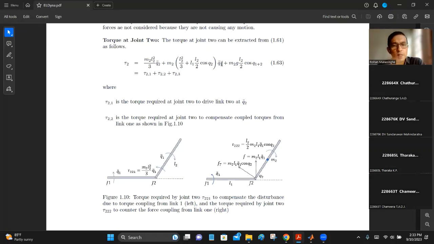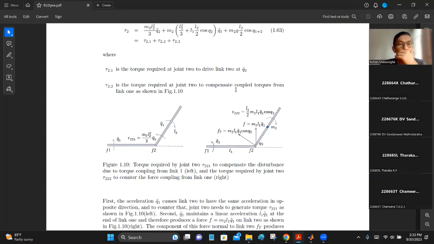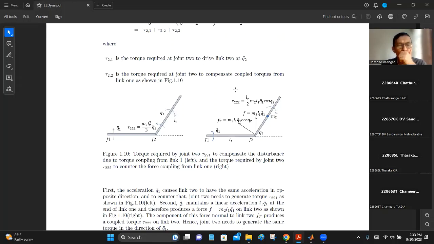So how do you understand this term over here? We know that this is the other complementary term in the off diagonal, and we know that off diagonal terms are equal. And earlier we dissected this term for link 1. But for link 2, what is it? Now look at these two diagrams and you will understand what is happening here.